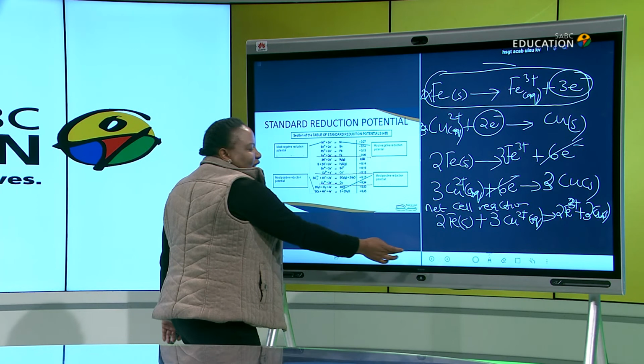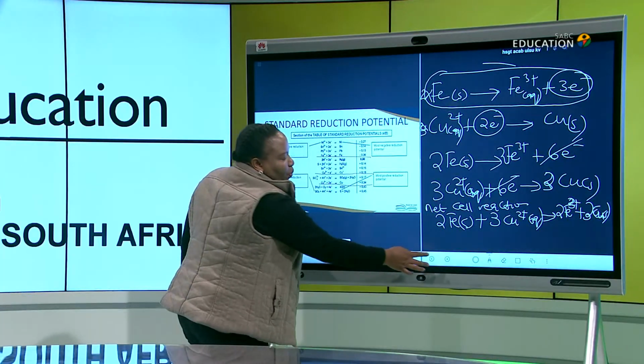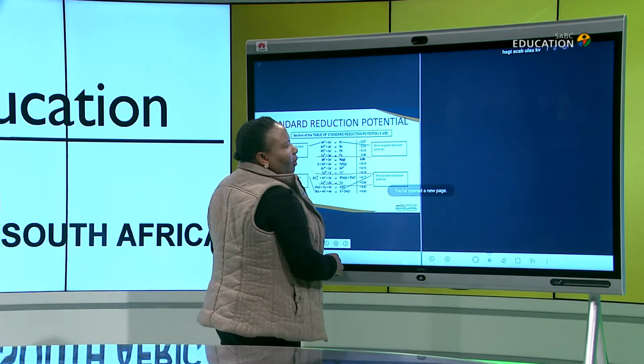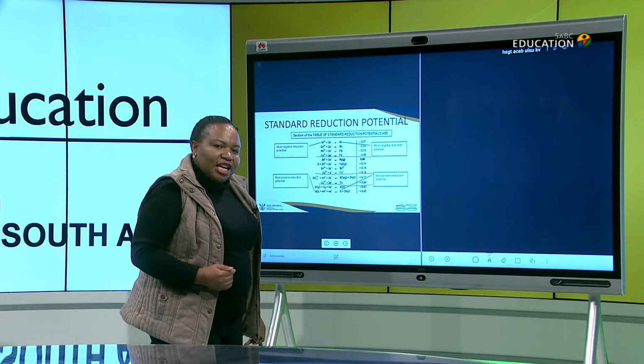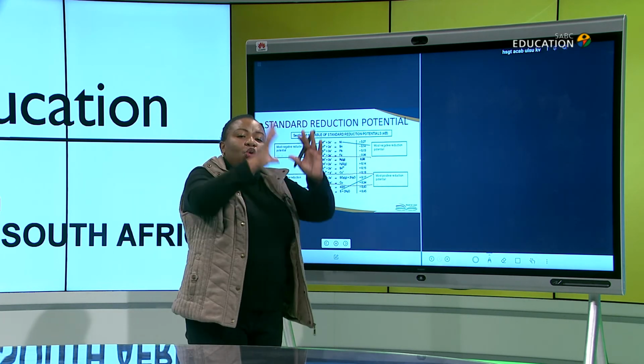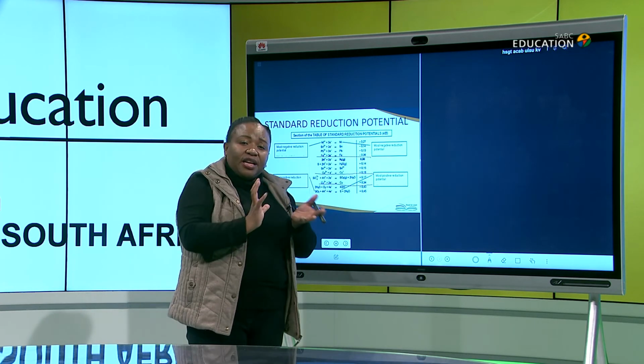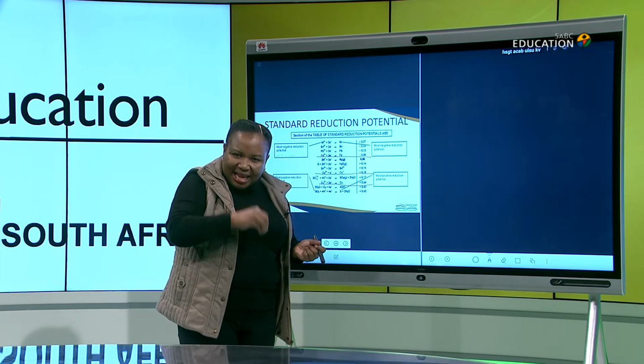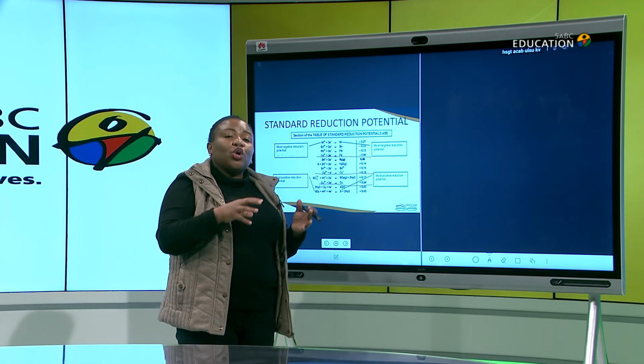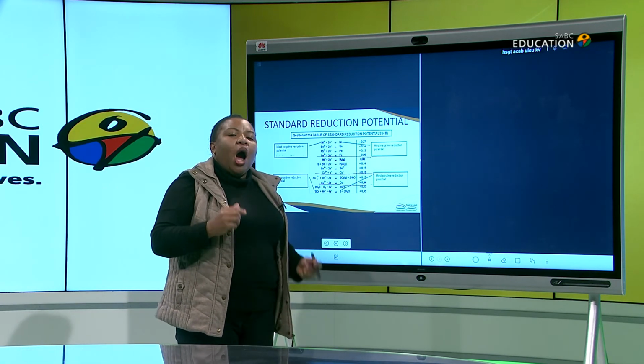Then from the balanced net cell reaction, you can also write the cell notation. By the cell notation, you indicate what exactly happened in terms of the galvanic cell, all the components that were present in that galvanic cell. So you will also indicate the salt bridge. But how do we write it?